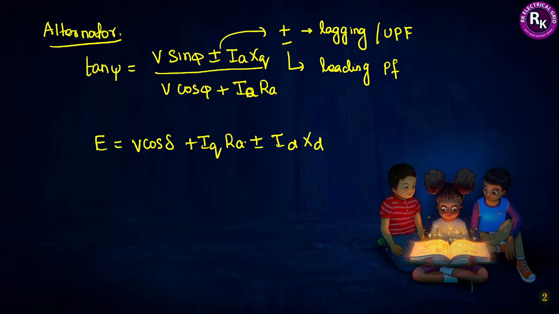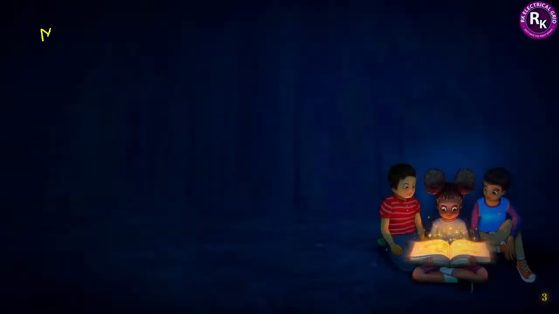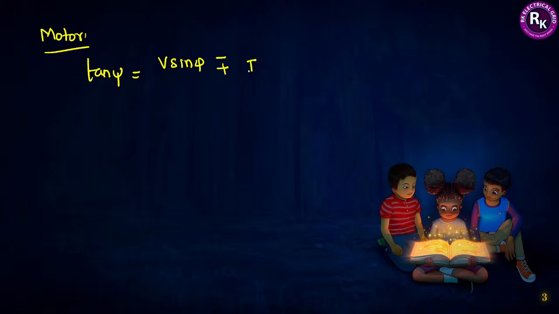After that, suppose I am talking about salient pole motor, then what can be the expression? In case of salient pole motor, the expression will become tan psi equals V sin phi minus or plus armature current IA into quadrature reactance XQ, divided by V cos phi minus IA into RA.